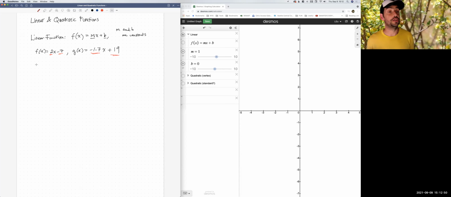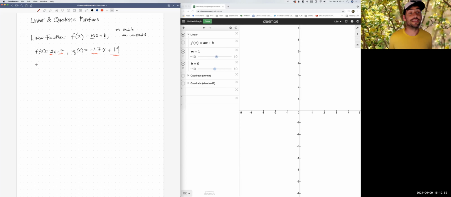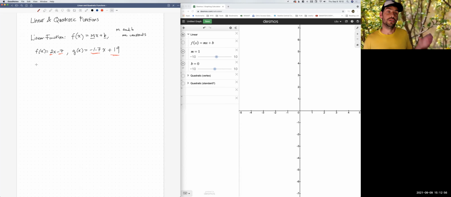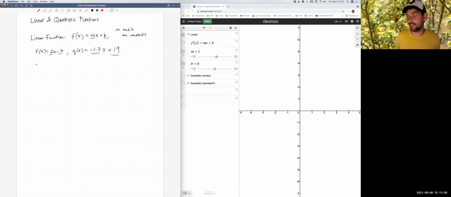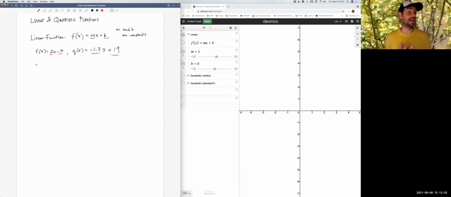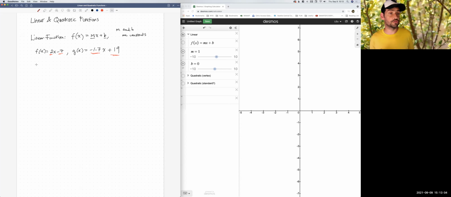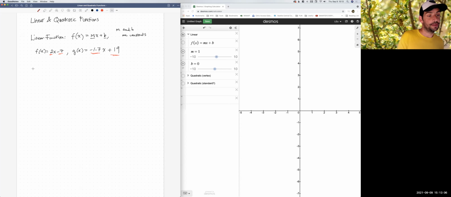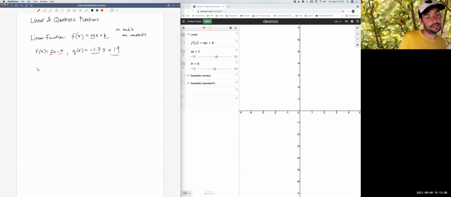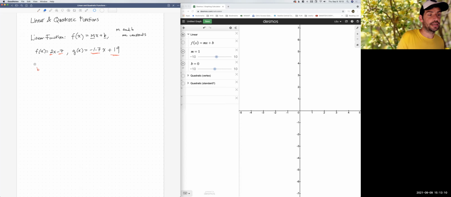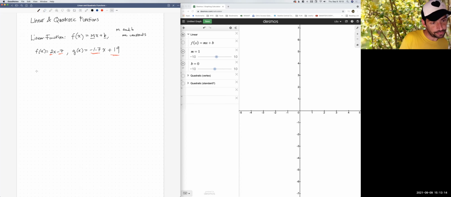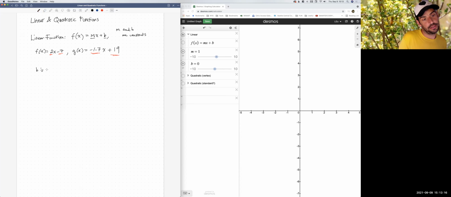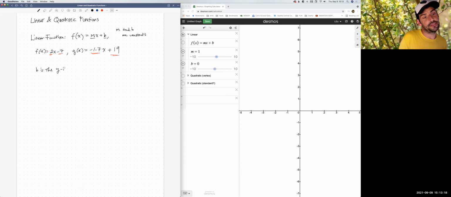What's important is that when we talk about b, I mean the constant, the thing that's added or subtracted to the x, and m is the number being multiplied by x. So b, the constant, is what we call the y-intercept.